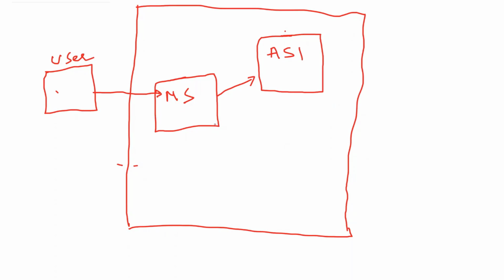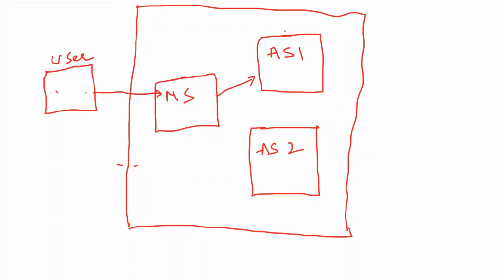What is the role of this message server? The message server performs two tasks. One is it will take care of load balancing, and second, it will help these application servers communicate with each other. For example, let's consider a scenario where you have two application servers in the landscape: application server 1 and application server 2.